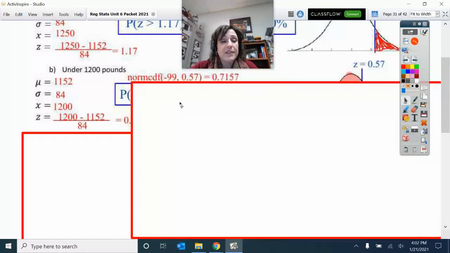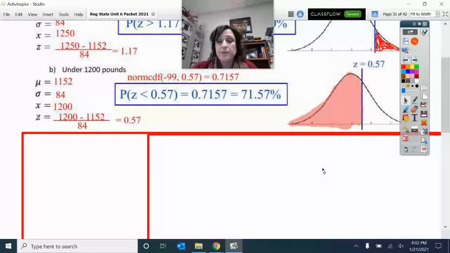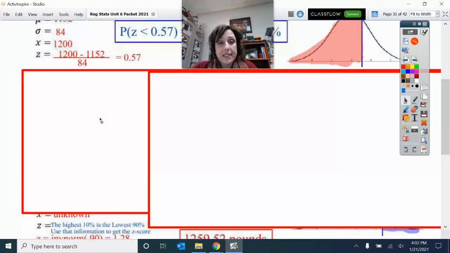Less is to the left, so negative 99 is the lower bound and 0.57 is the upper bound. Look at this notation: the probability that the z is less than 0.57.